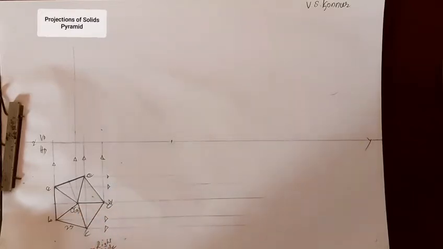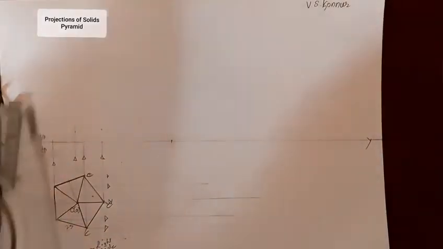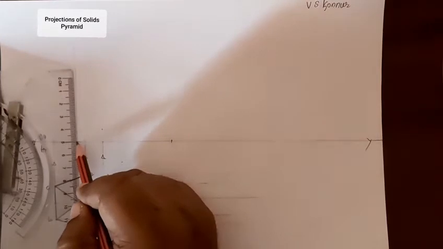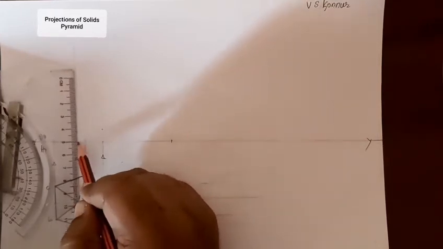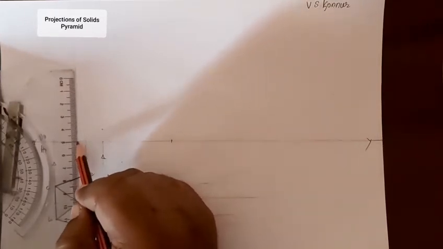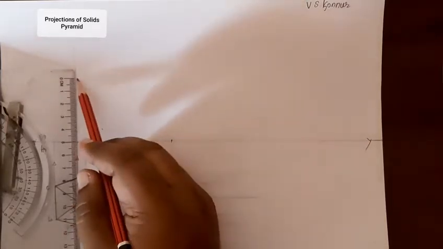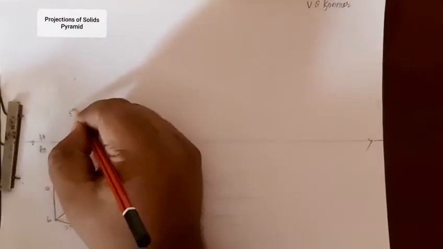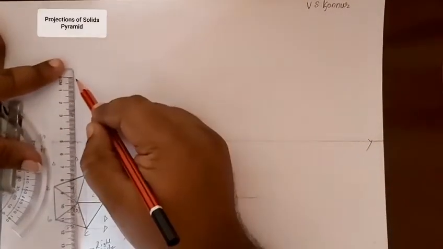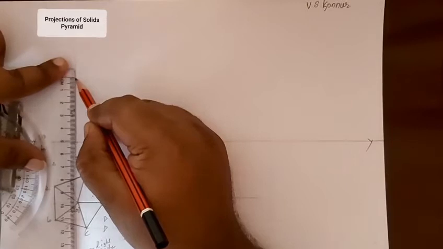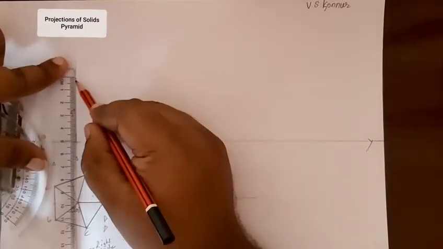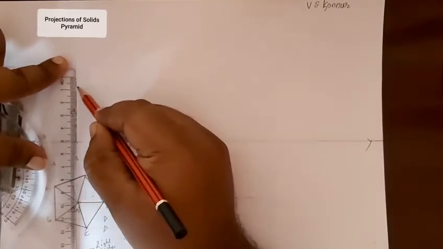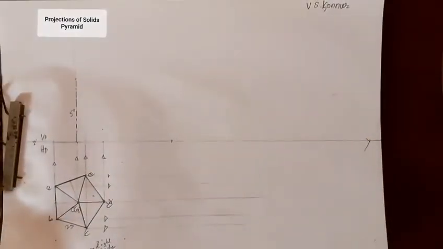It has a height of 50 mm. Now we'll take 50 mm height. Draw the projectors from each edge till they intersect the XY line. Only extend the axis and take 50 mm height. Take 50 mm height and draw the axis line.